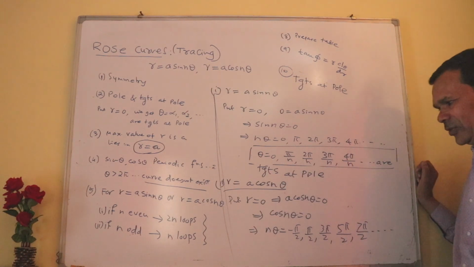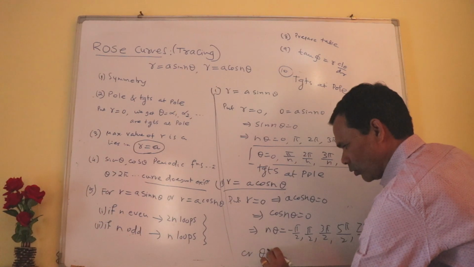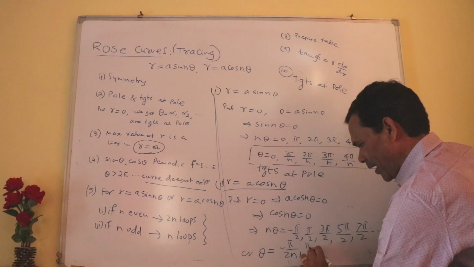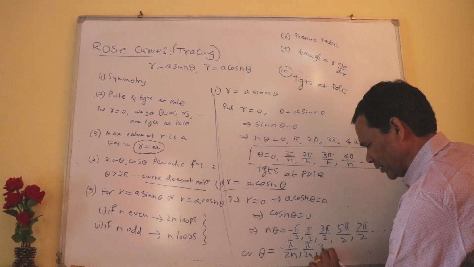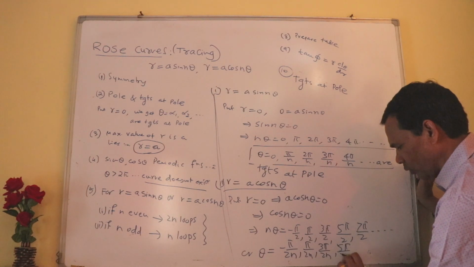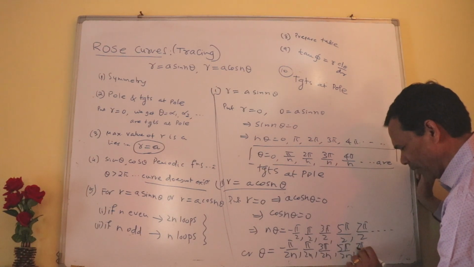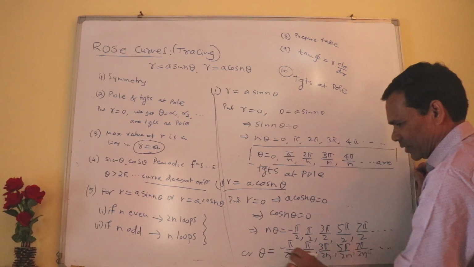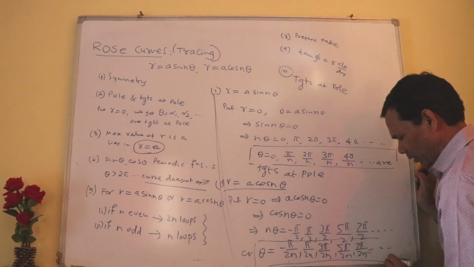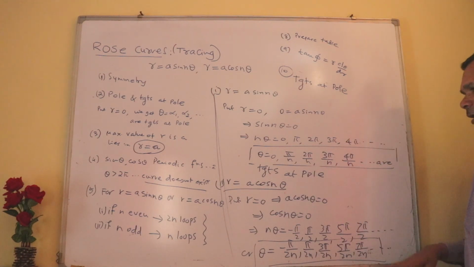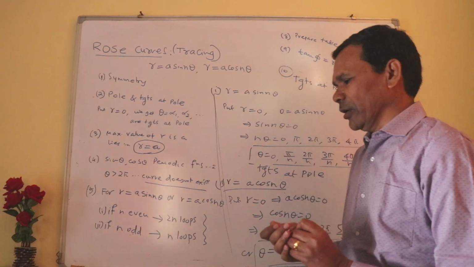Or theta is equal to minus pi upon 2n, pi upon 2n, 3 pi upon 2n, 5 pi upon 2n, 7 pi upon 2n. These are the tangents at the pole, where n varies, taking any value 2, 3, 4, 5, and so on. This is the technique of finding tangents at the pole to the given curve.